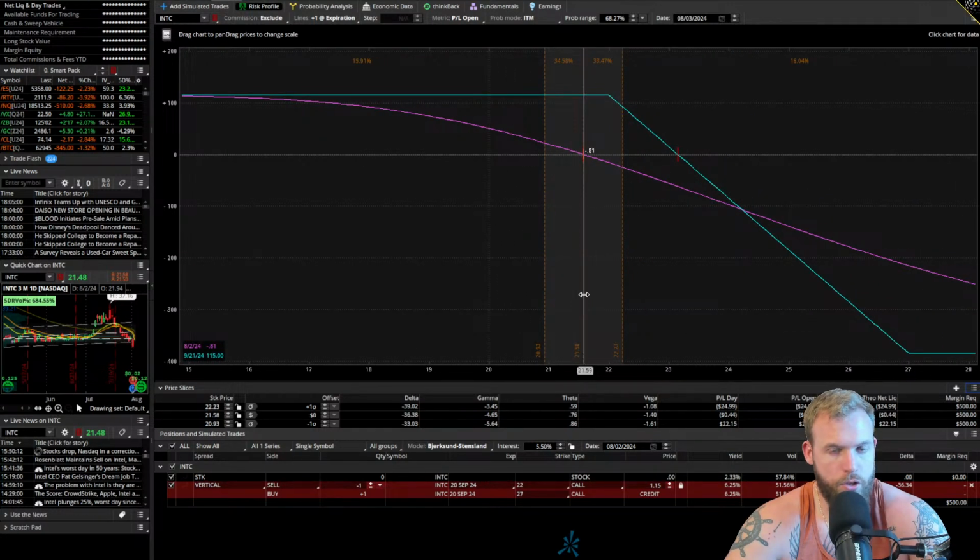But the problem is you're trying to make 115 while risking 385. So you need to win a lot of these to be able to handle a single loss, right? So in this case, you can see the initial problem if you're not correct directionally.